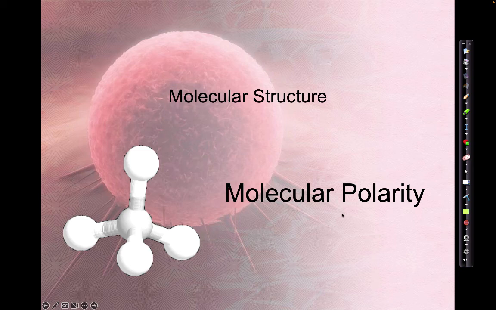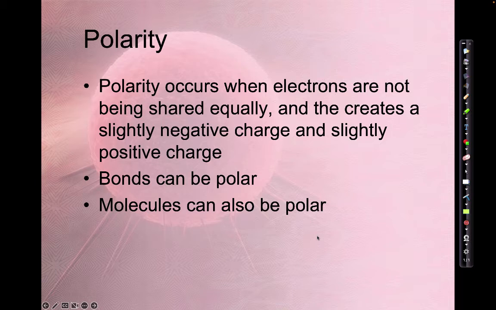In this video, I'm going to go over how you determine if a molecule is polar or not polar, and that's really, really key for everything that comes after. When we talk about polarity, polarity means that I have a negative region and a positive region in the same thing. So if I have a polar bond, there's a negative region in the bond and a positive region in the bond.